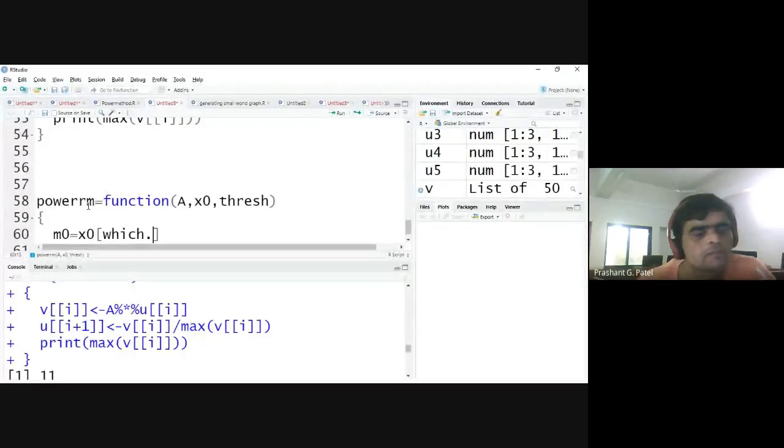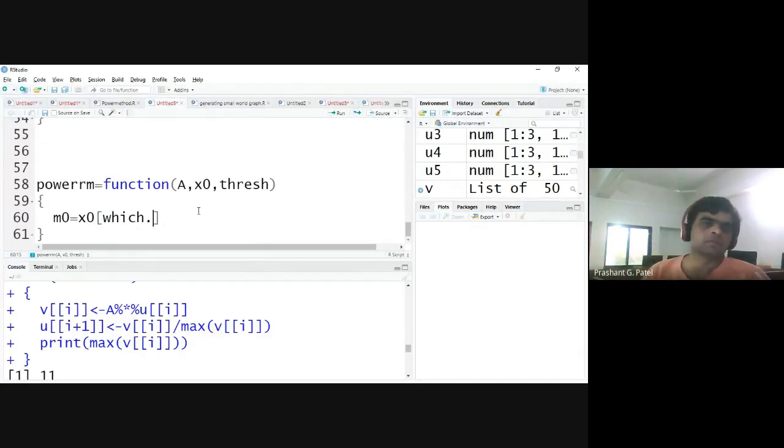So we'll make this power rm function. The function has three arguments, a, x0, and thresh. Then we'll fix the first value m0, that is x0 of which the maximum absolute value of x0. Whatever the absolute value of that will show here. Then it will calculate x1 equal to a %*% x0 divided by m0.